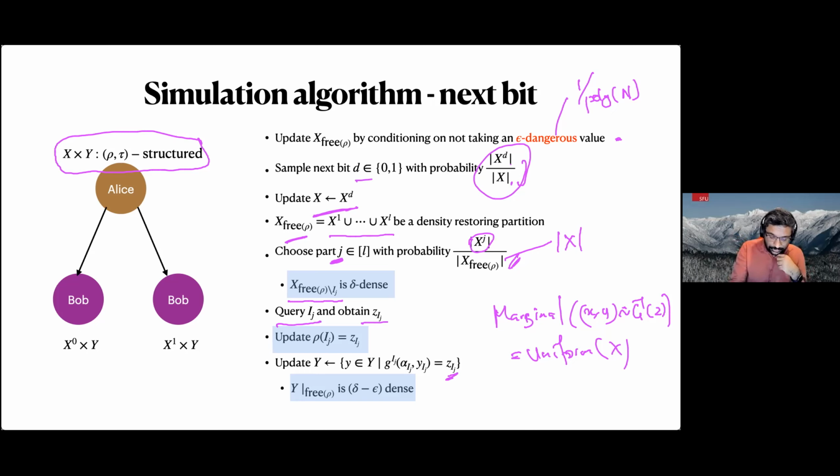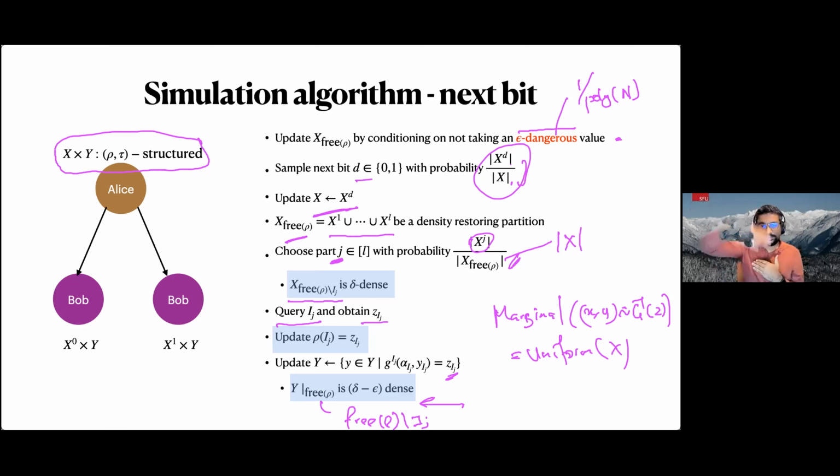Because we condition on X not dangerous, by definition of X not being dangerous, we know that Y on the new free coordinates, which was just the earlier free coordinates set minus Ij, is delta minus epsilon.